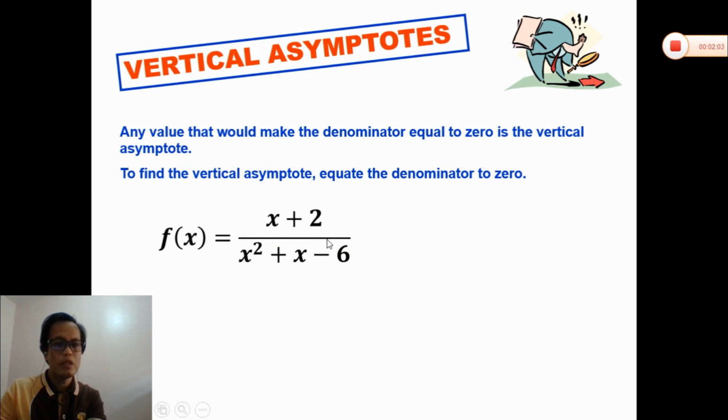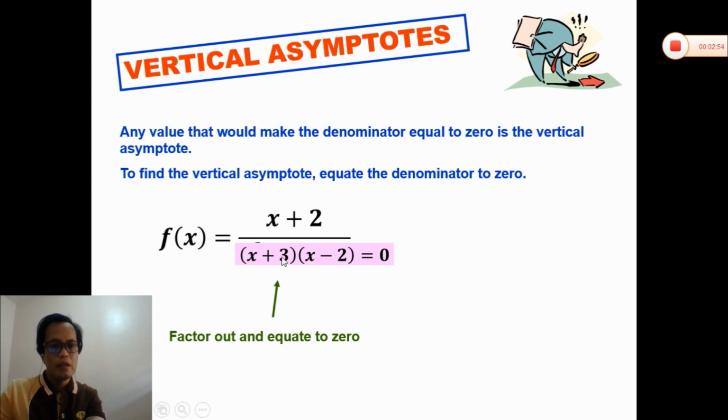So before we equate this to 0, we need to factor this trinomial first, then afterwards we equate to 0. The factors of x squared plus x minus 6 are x plus 3 times x minus 2 equals 0. By using the properties of equality, when we equate x plus 3 to 0, this becomes x equals negative 3.